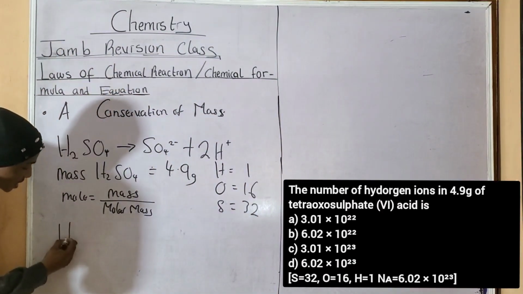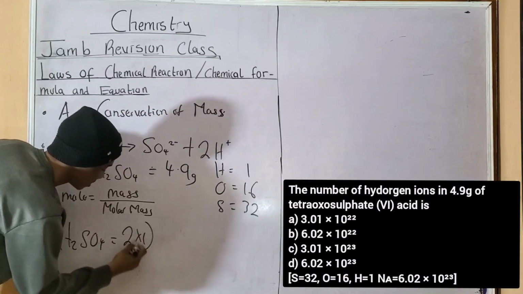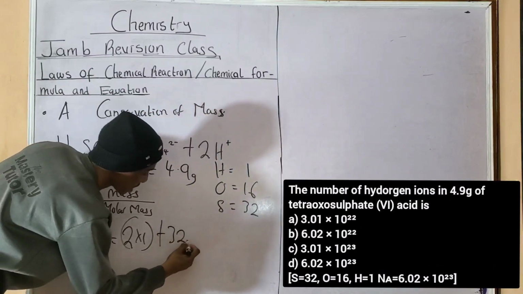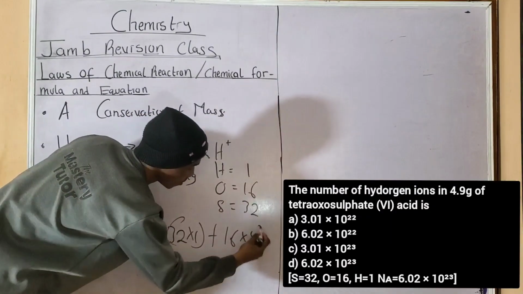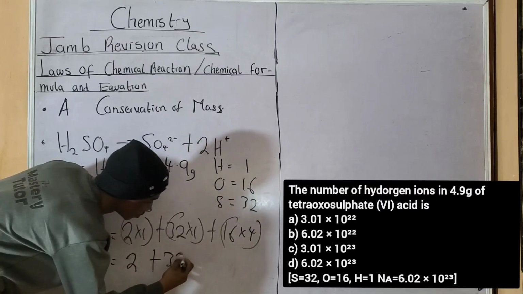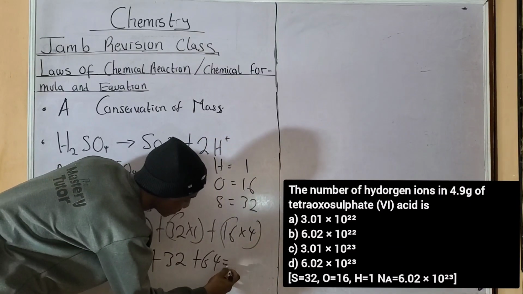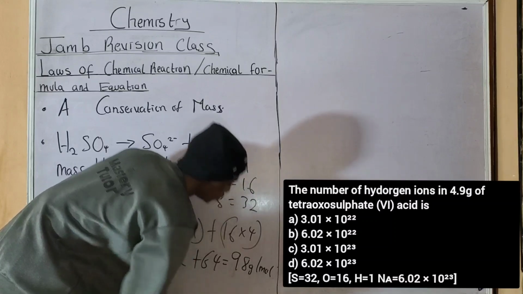The molar mass of H2SO4 will be equal to 2 multiplied by 1 plus 32 times 1 plus 16 times 4. Here I'm going to have 2 plus 32 plus 64, and that will give me 98 gram per mole.